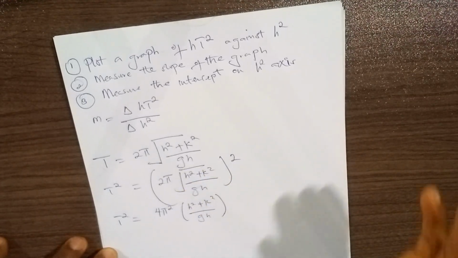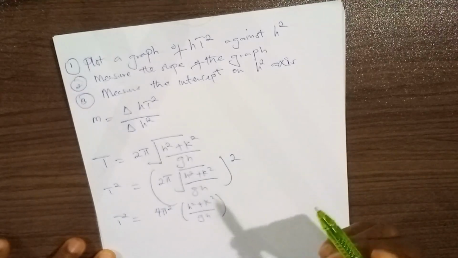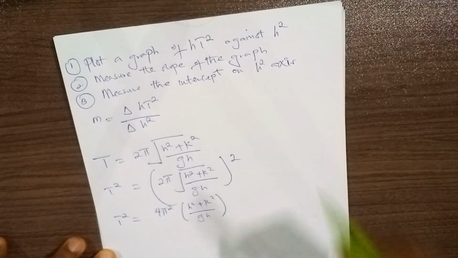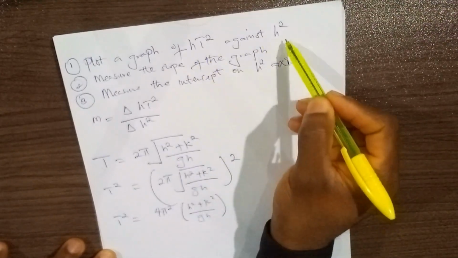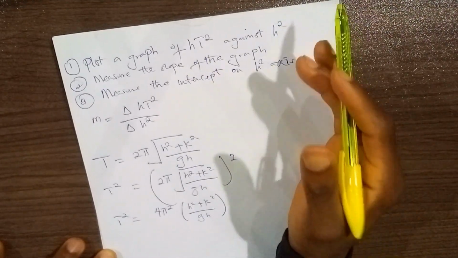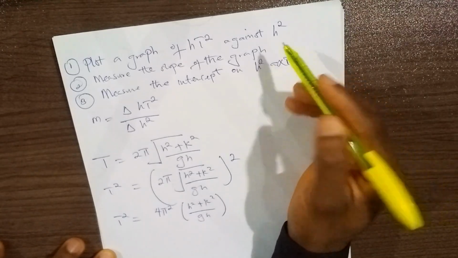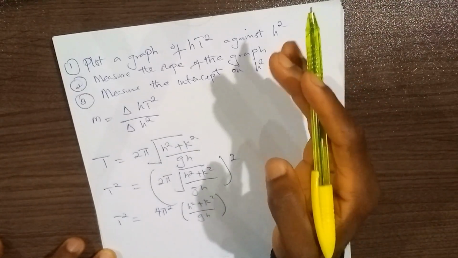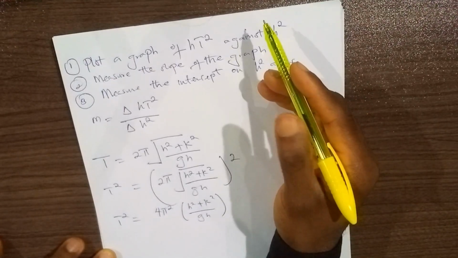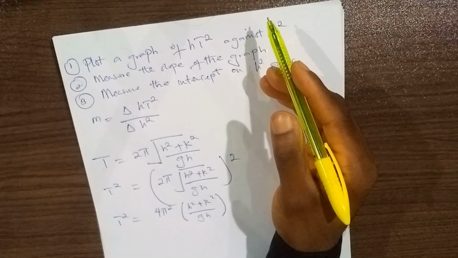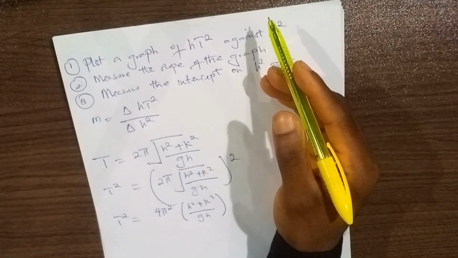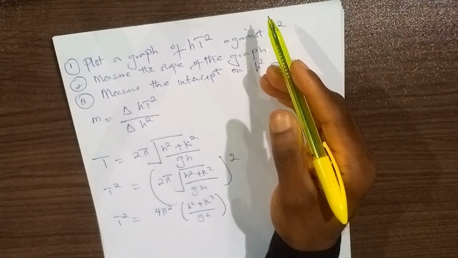Since we are plotting a graph of ht squared against h squared, we are going to make this equation linear such that ht squared is on the left hand side of the equation. How do we do that?